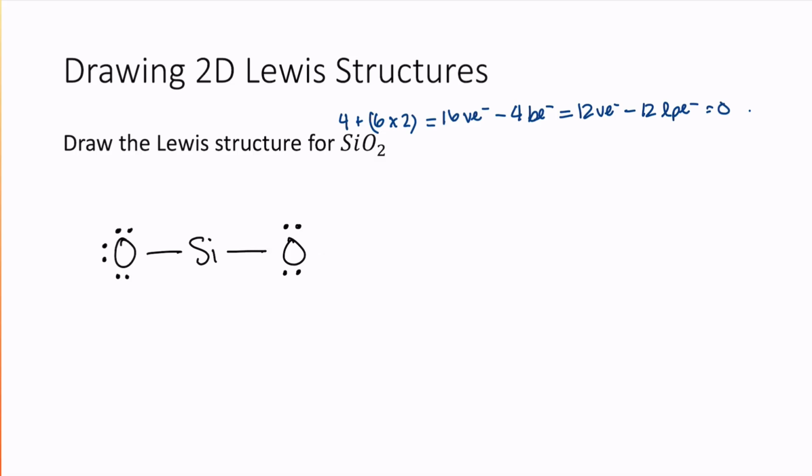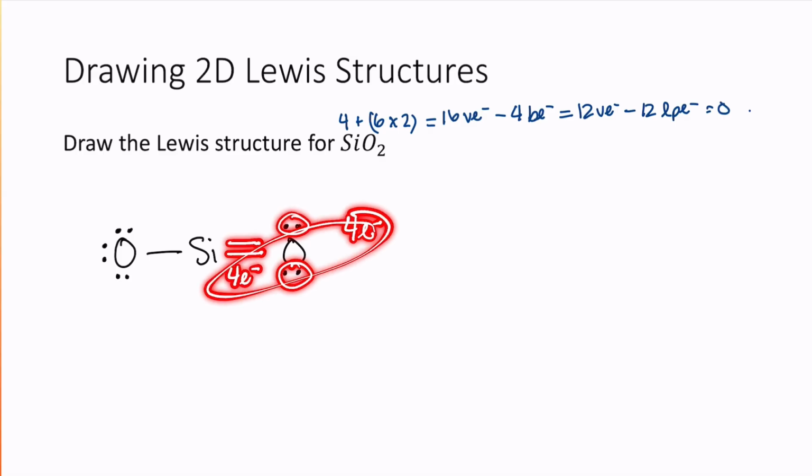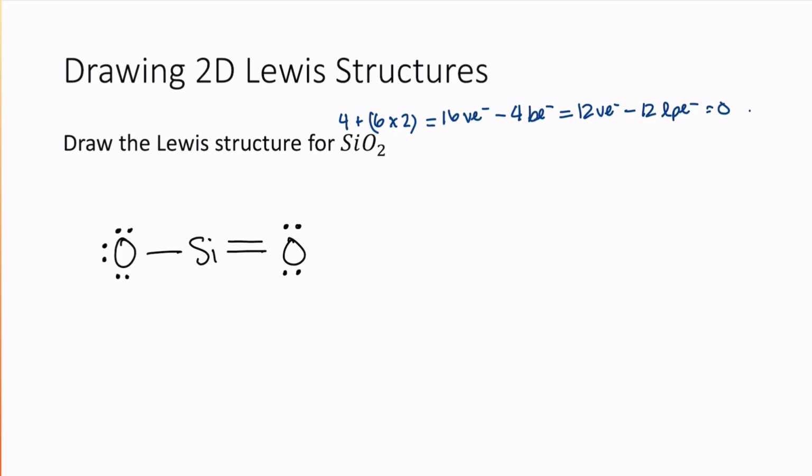And notice that when I do this, I have not changed the number of electrons around oxygen. I have 2 lone pair electrons for a total of 4 electrons. And now I have 2 bonds for a total of 4 electrons. So together we still have our 8 electrons. So the octet rule of oxygen is still fulfilled. And now I've changed the electrons around silicon to 6.